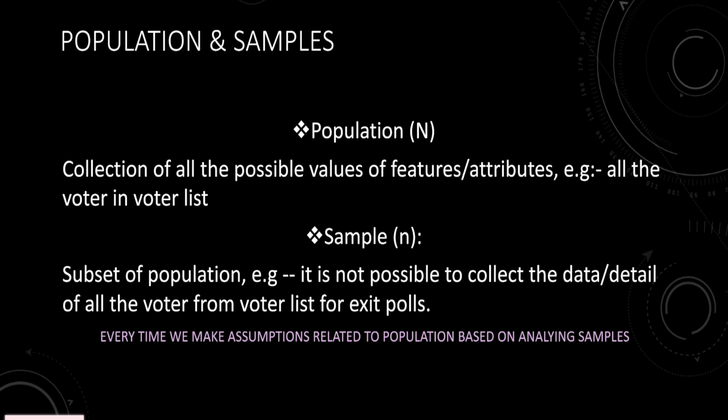The population is the collection of each and every possible record for a given scenario. It is denoted by capital N, and capital N is the total number of records in the population, whereas a sample is a subset of the population.